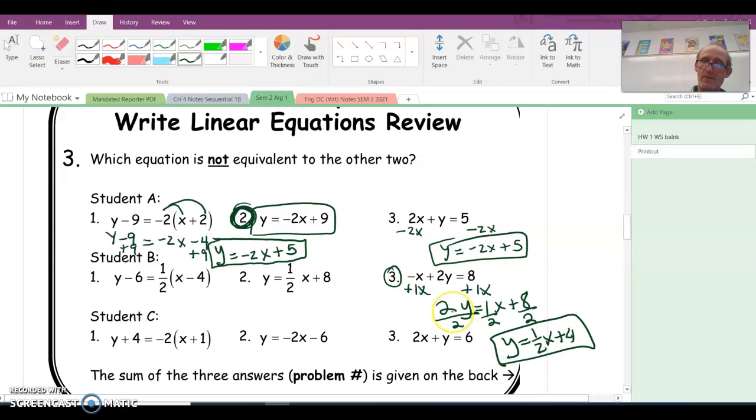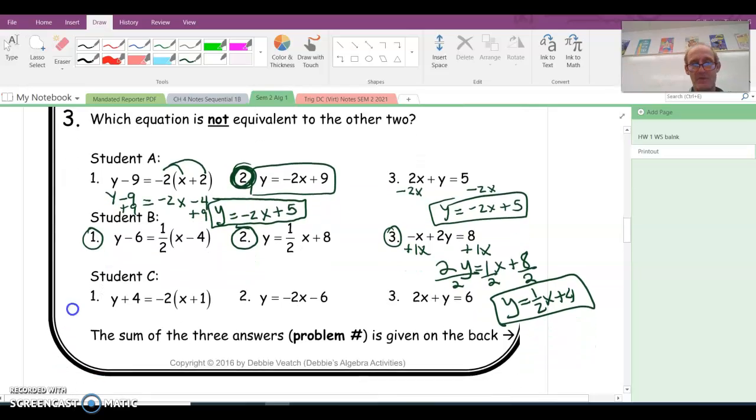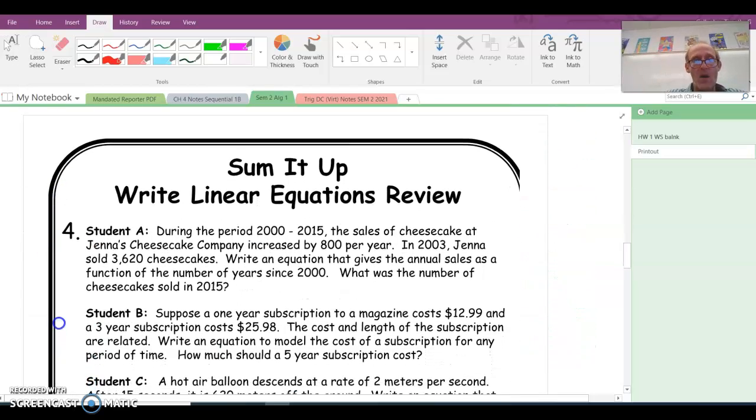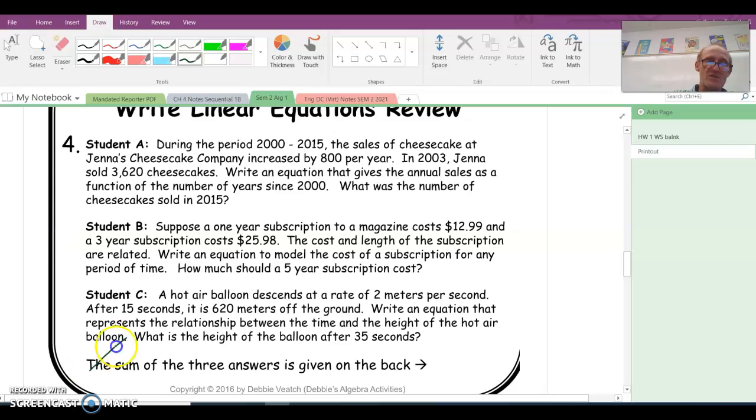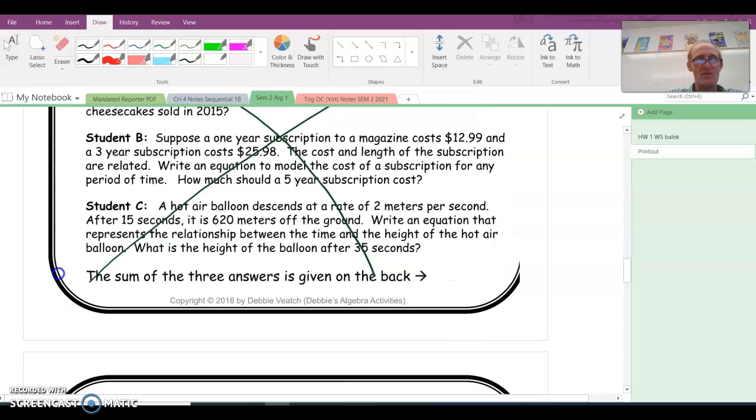Then you're going to solve for y here, and you're going to get y equals 1/2 x plus 4, and I believe it's going to be this one again. Now this you can skip because we didn't really study that too much. So number 4 you can skip.